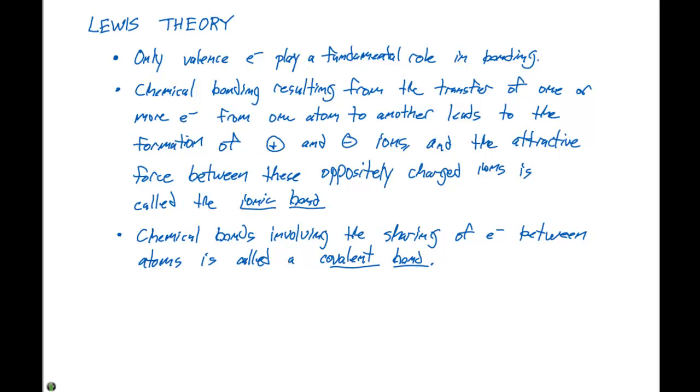So an ionic bond involves the transfer of electrons, whereas a covalent bond is sharing of electrons.